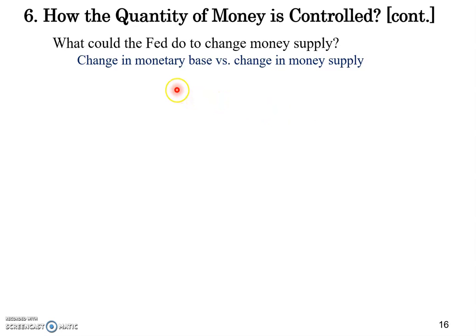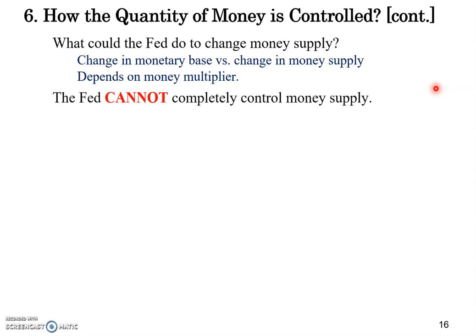But they cannot directly change the money supply, especially the money multiplier. In other words, the Fed's influence upon money supply is indirect. It happens through its influence upon the monetary base. And as we said, this depends upon the money multiplier.